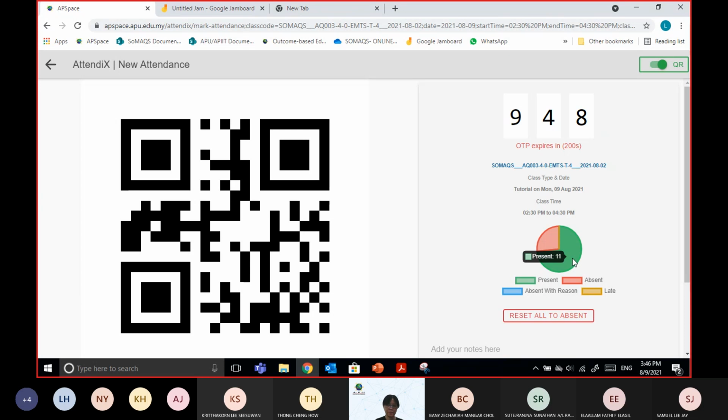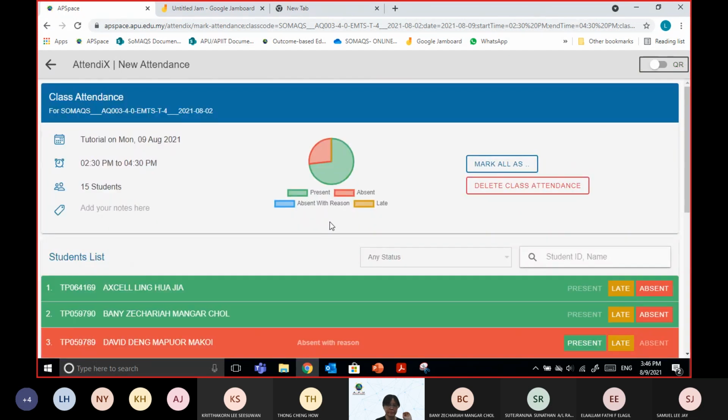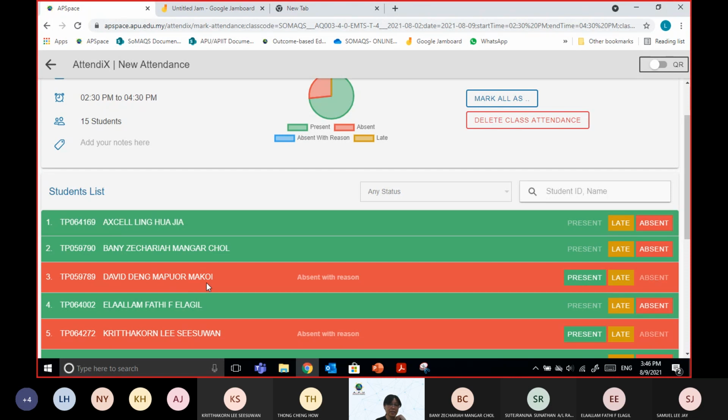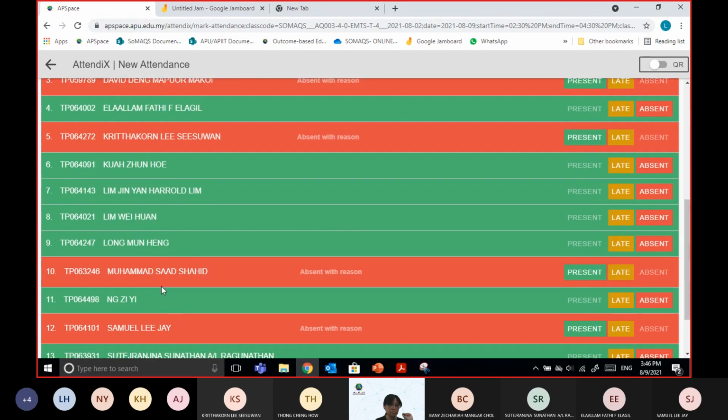4 present, 4 absent. David, Kritakon, Muhammad Saad, Samuel.